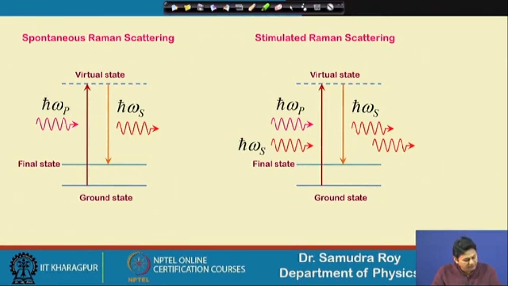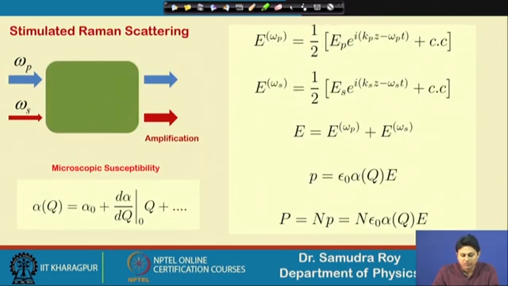Now, if I try to understand these things in terms of mathematical treatment, then ω_p and ω_s are launched. ω_p and ω_s correspond to the field frequencies of the two fields E_p and E_s, which are the pump field and the Stokes field.